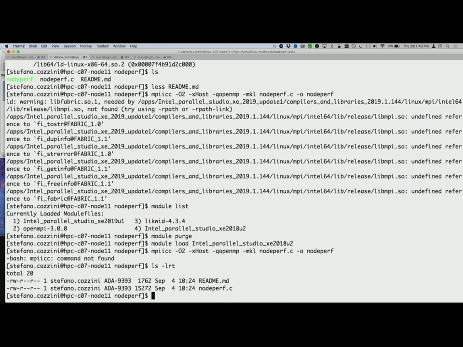Okay, so the compilation requires a little bit of tricks because we need the MPI, and the MPI is not available for Intel. Let me see if we are able to compile it.